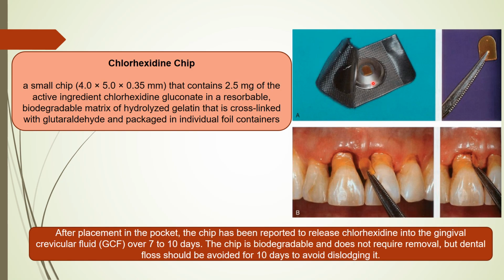It can be taken out with tweezers or artery forceps and placed inside the pocket. The chip has been reported to release chlorhexidine into the gingival crevicular fluid over 7 to 10 days. Since it is biodegradable, it does not require removal, but dental floss should be avoided for at least 10 days to avoid dislodging it.